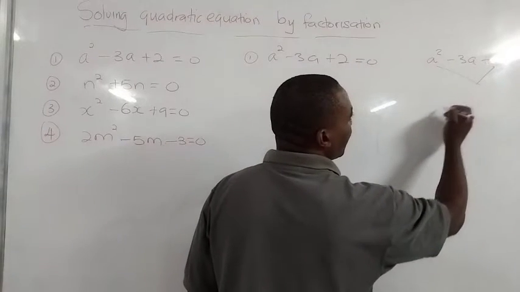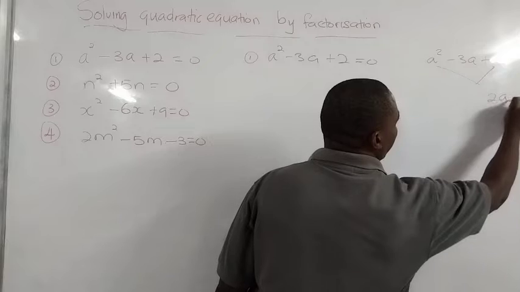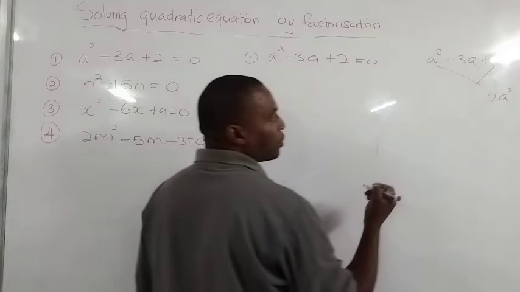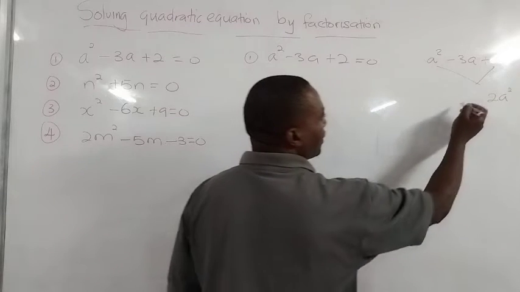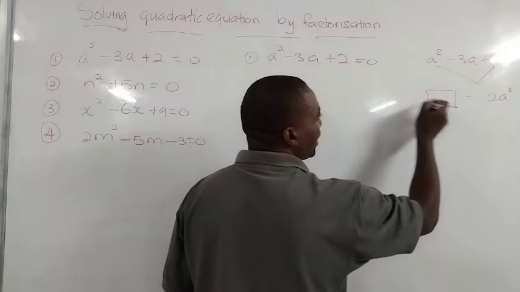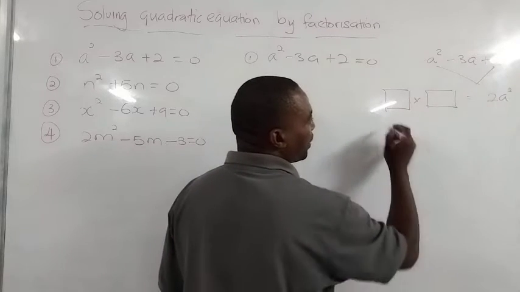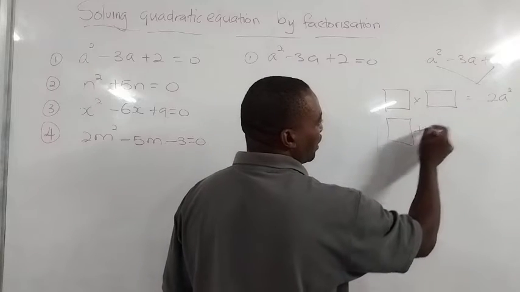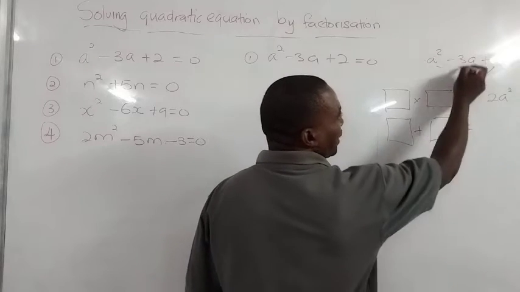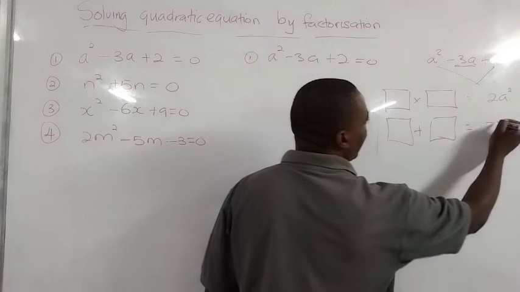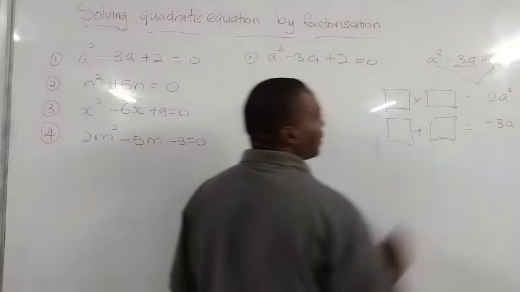The product there is 2a squared. So now we need 2 terms that multiply to give 2a squared, and if we add them, we must get the middle term, which is minus 3a.